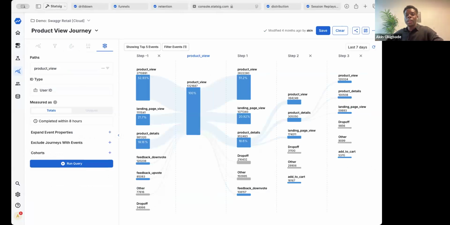Instead, what you want to do is understand, okay, how do people get to a key part of my product journey? So we have a product view and we are seeing the paths that people take to get there. Or you can answer the question, where do people go from a spot in my product journey afterwards? We can see we've gone 3 steps down this path.